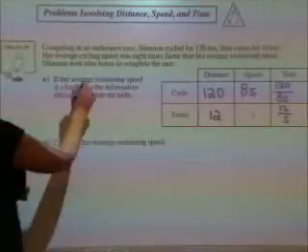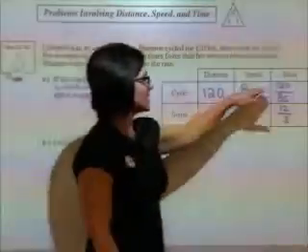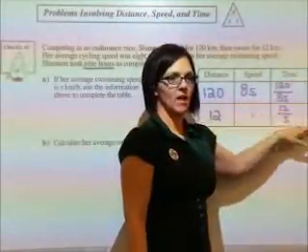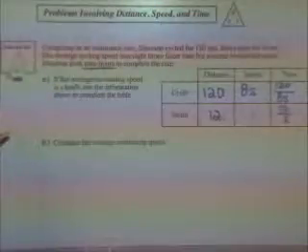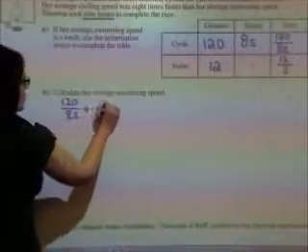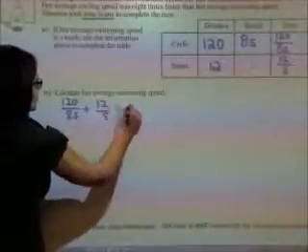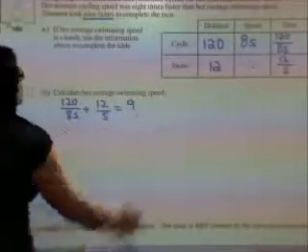What else do I know? It took her 9 hours to complete the race. So that means the time to cycle plus the time to swim would be equal to 9 hours. That becomes our equation. 120 over 8s plus 12 over s would be equal to 9 hours.